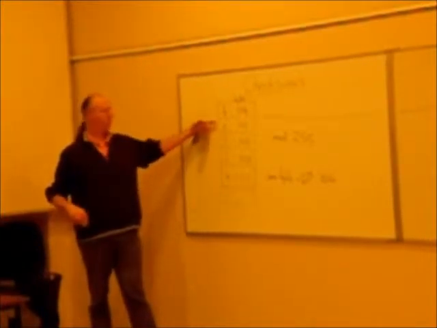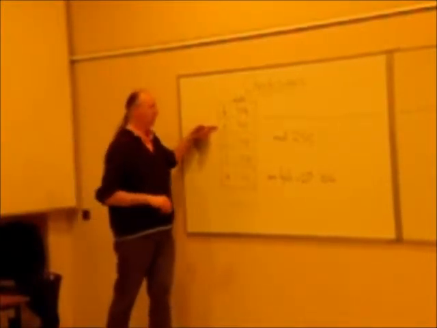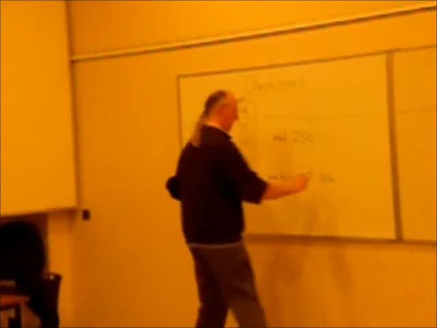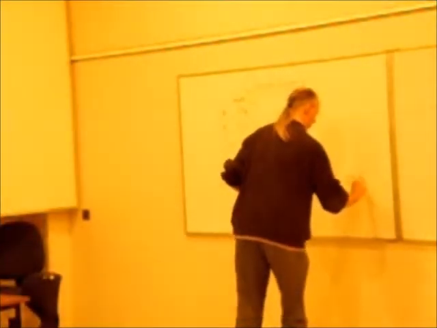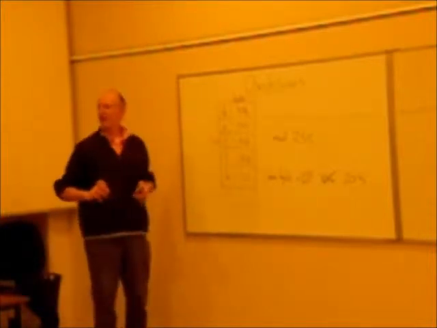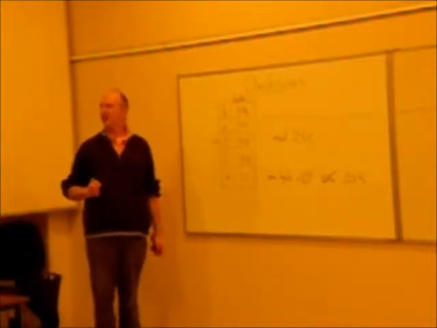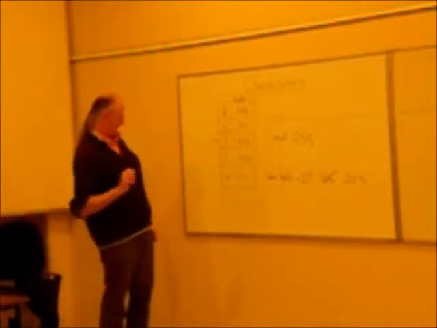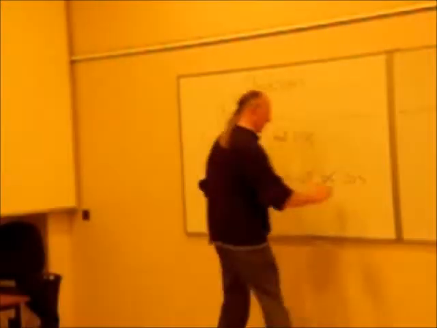Then we're going to add the next one, which is 101. So 104 plus 101 is 205. Right? 205 plus 108 is 313.